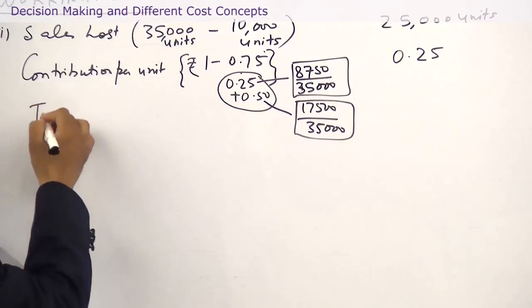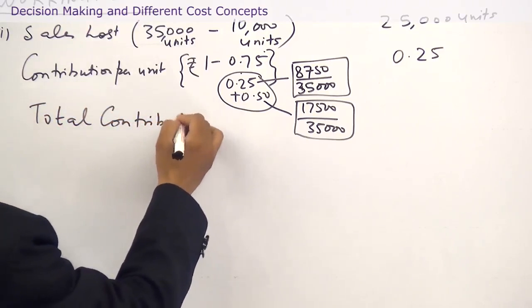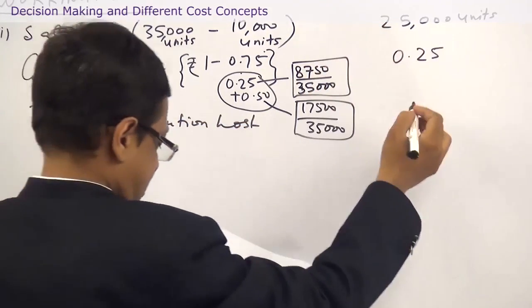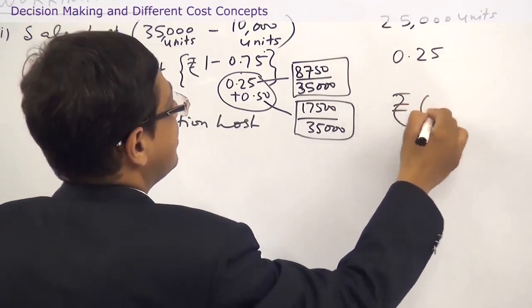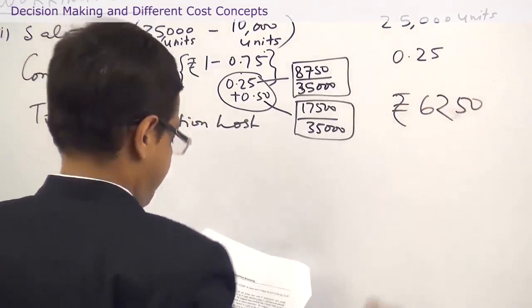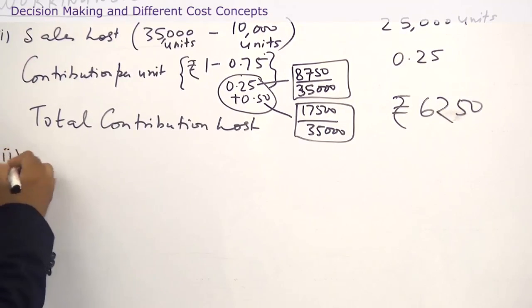So total contribution lost, when you multiply the two figures, you get rupees 6,250. This is the first part of the working note.